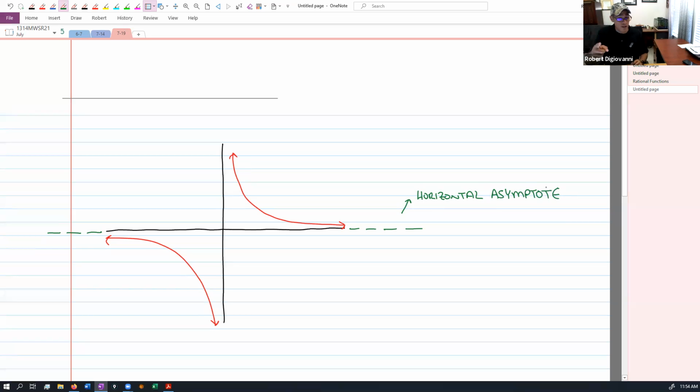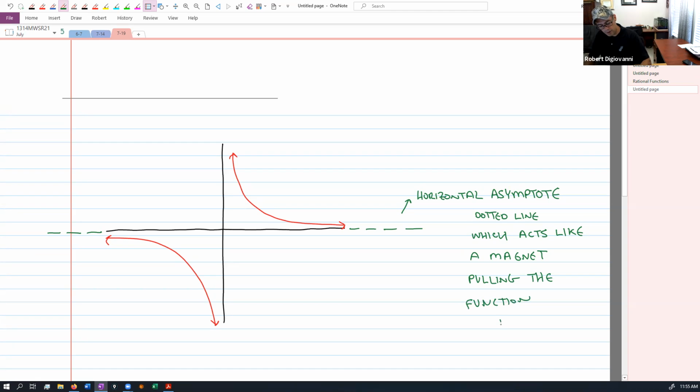And the way that I think you should think about it is this. A horizontal asymptote is a dotted line which acts like a magnet pulling the function towards it.